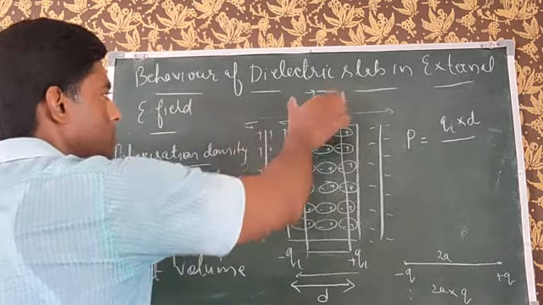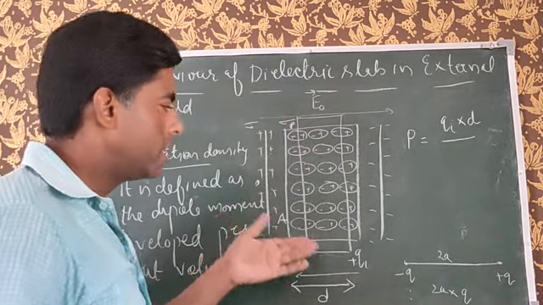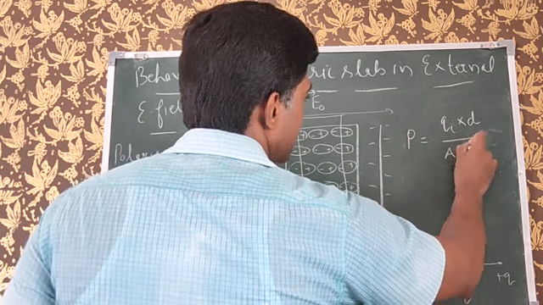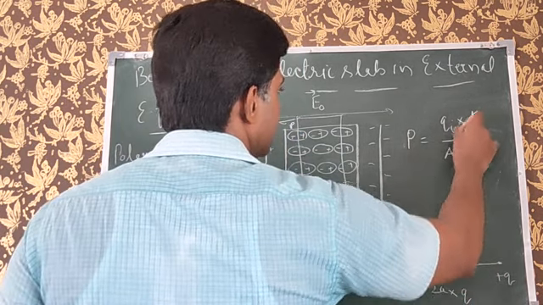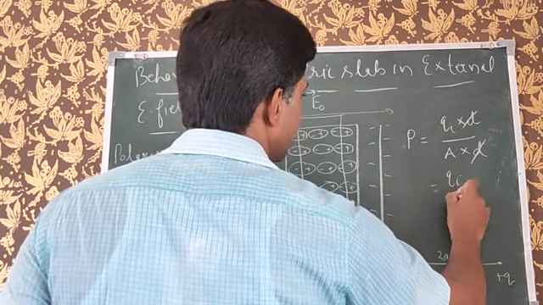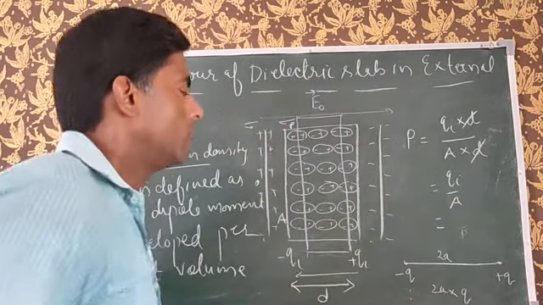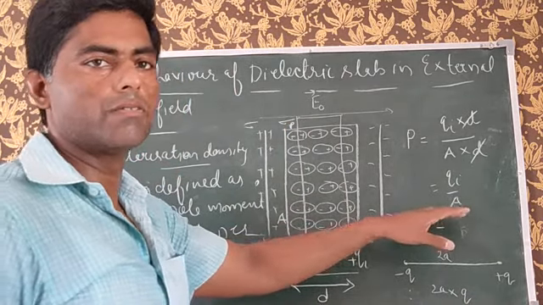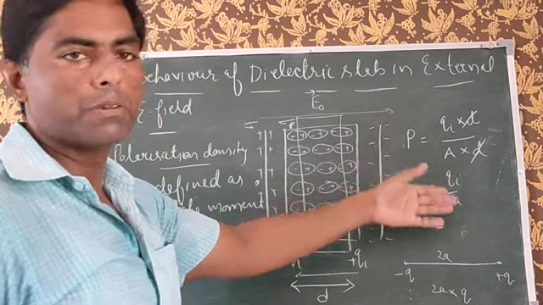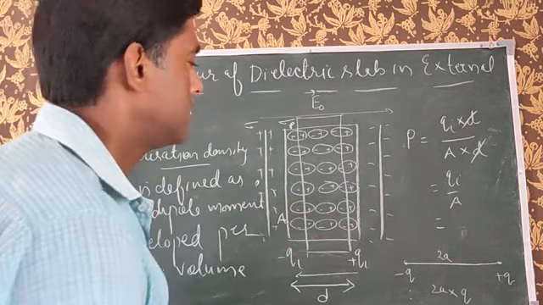Now what is the volume of this slab? Area into thickness. So d is cancelled with d, and we are left with q over A. And we know charge per unit area is surface charge density.